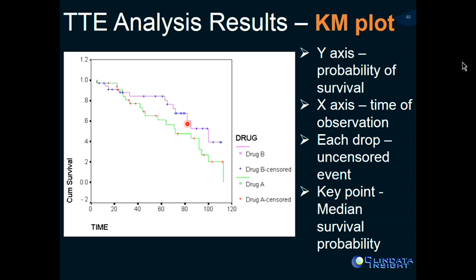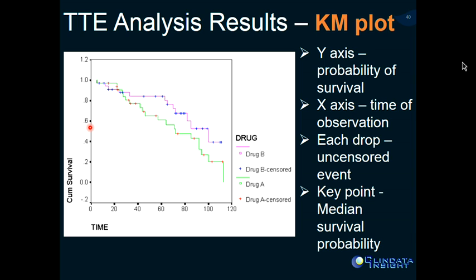What that means is that an uncensored event happened, which means somebody died at that given time point. You also notice there's a plus sign, which means censored events, such as lost to follow-up, completed study, or withdrawn from the study. Those are censored, so they don't impact this graph; only uncensored events drop the probability of survival.